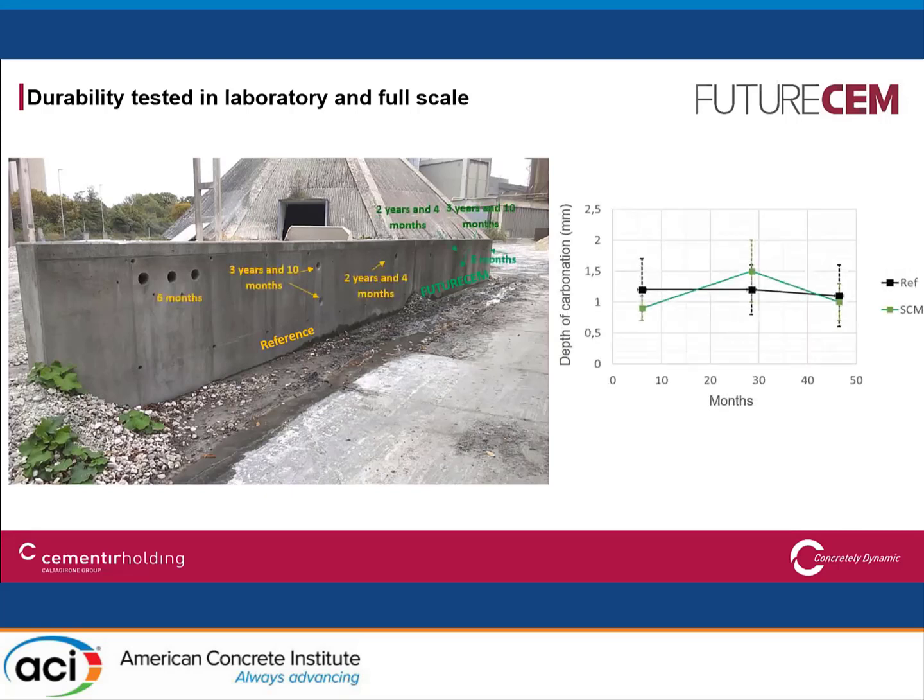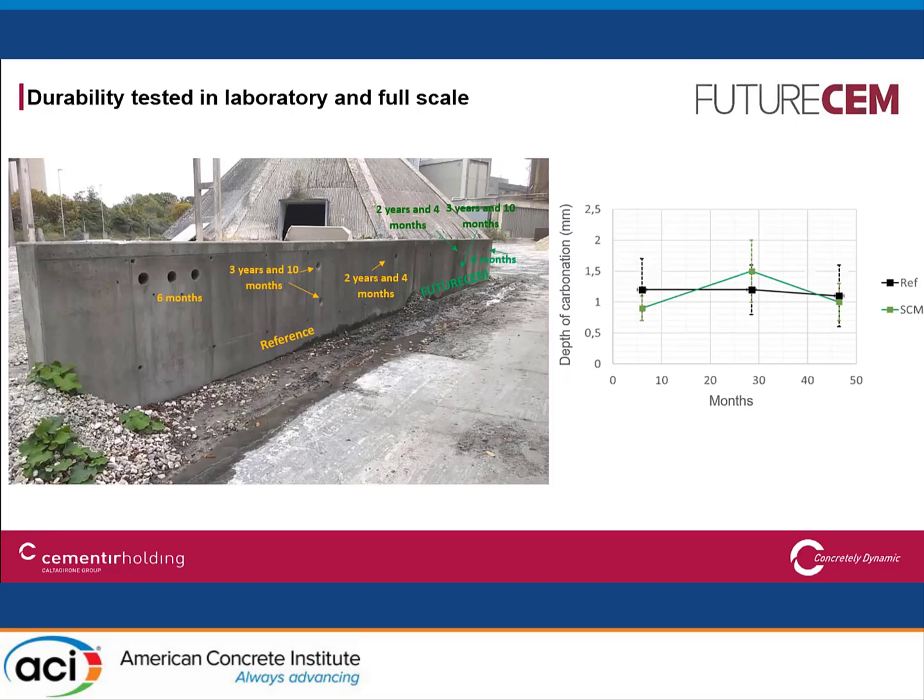As you can see, just one example, that was the carbonation, which I must say we were very happy about, because we didn't see any difference between carbonation of the calcined clay cement and the reference. On this wall, you can also see color, which is one of the issues very often, and could be a drawback of the calcined clay-limestone cements.